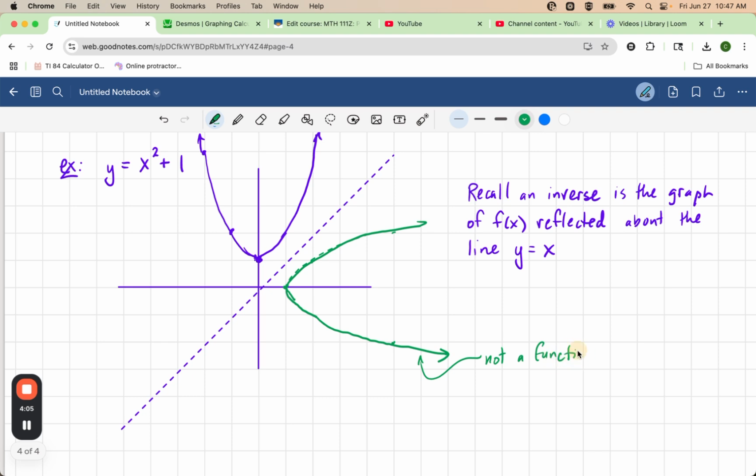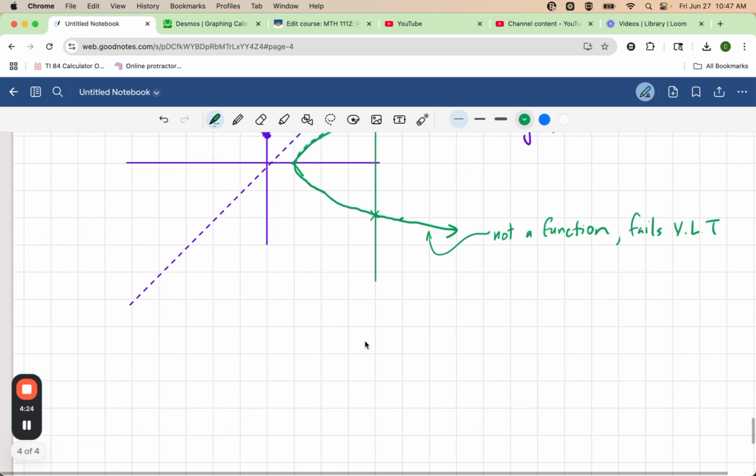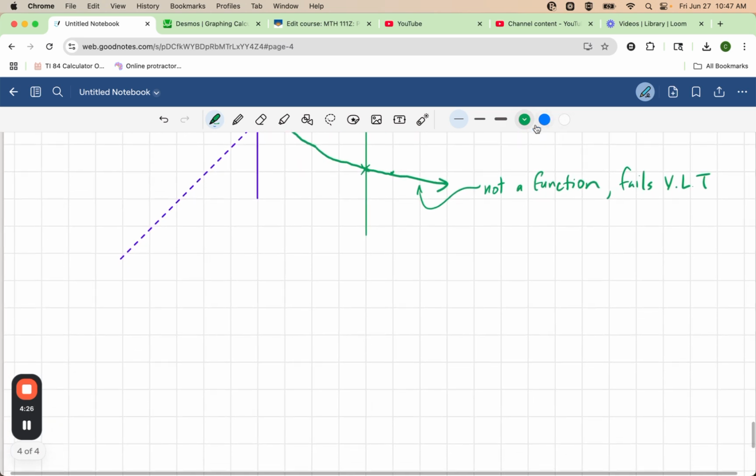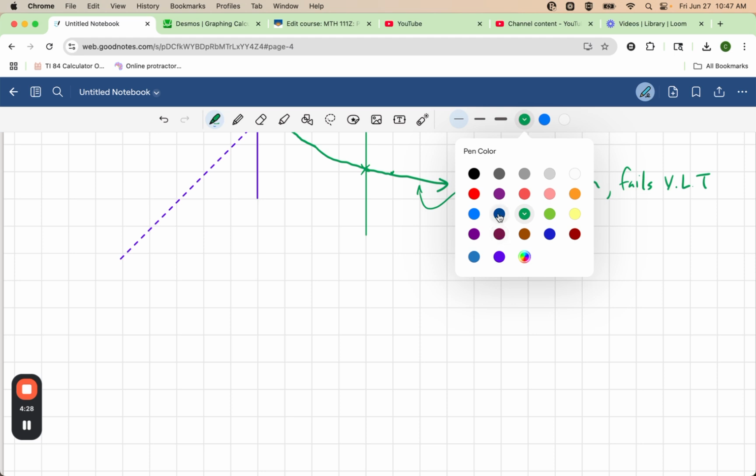It fails the vertical line test. So as that original function is written, x squared plus 1 does not have an inverse. This has to do with that whole one-to-one thing that we talked about in 1.6 that we're going to talk about a little bit more in this section.